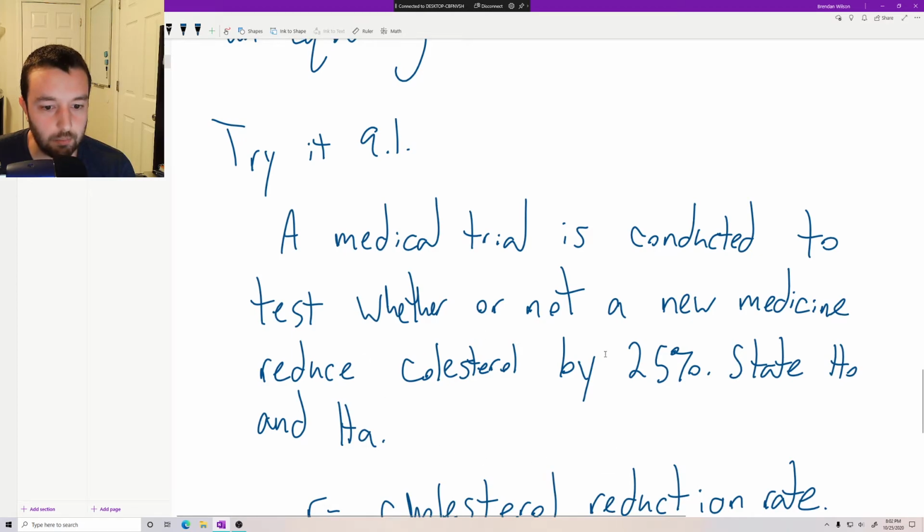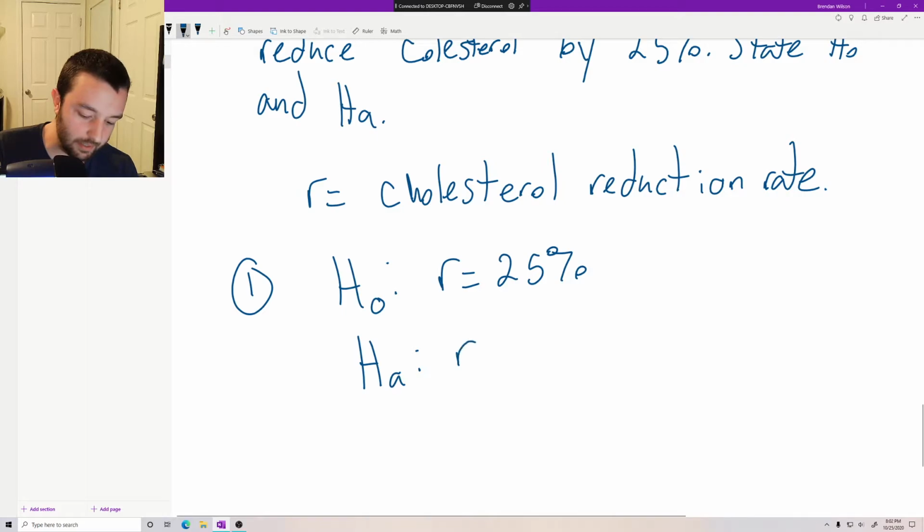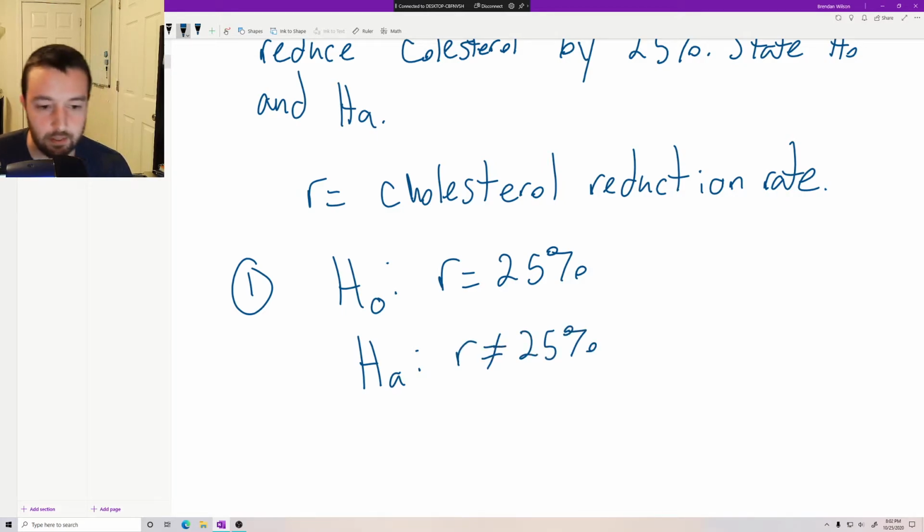Our null hypothesis would be that the new medicine reduces cholesterol by 25%, so the cholesterol reduction rate is 25%. And the alternative hypothesis would be that R is not equal to 25%. So this is how we would write it: H naught colon, our variable is this; H A colon, our variable is not this. Okay.